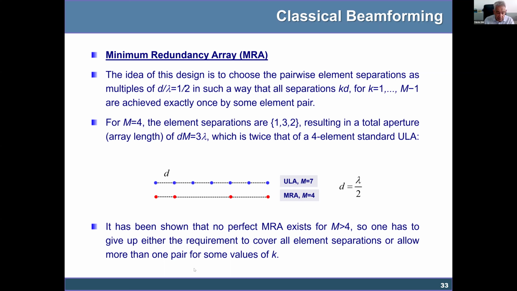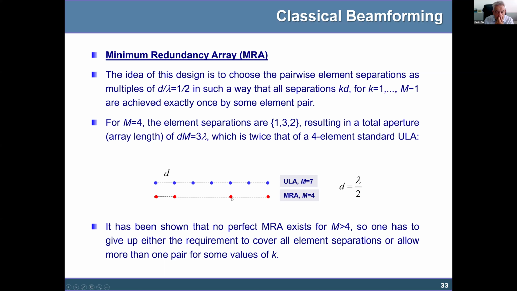So only one couple has each particular distance. For example, consider this non-ULA composed of 4 sensors. You have a couple with distance d, the first and the second.